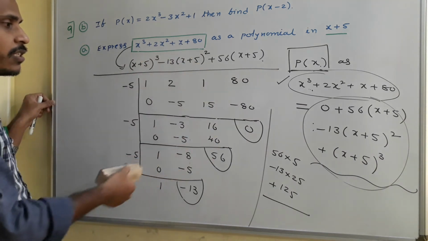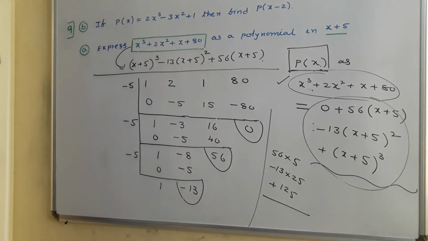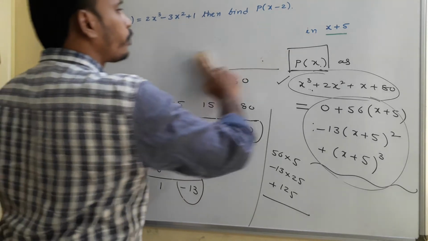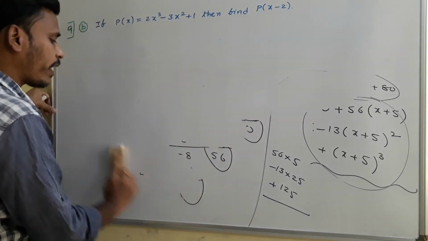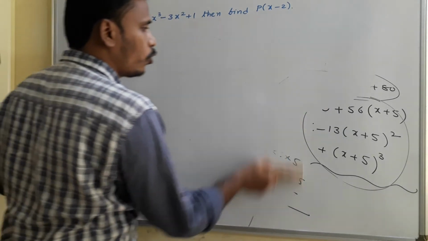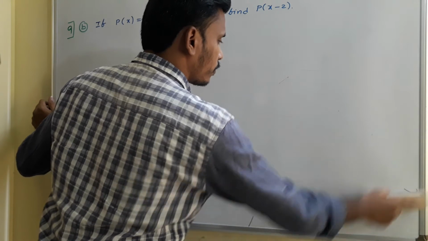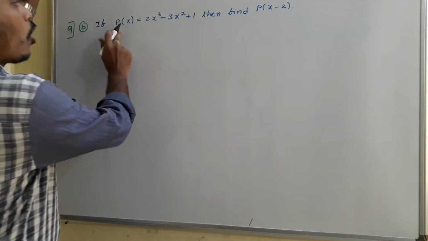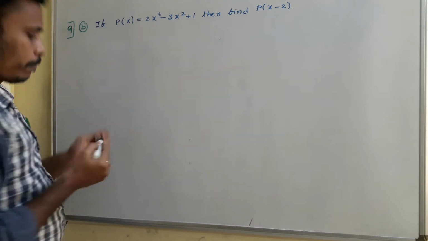Okay, right. So how to find p of x minus 2? I am just erasing this. You just have a screenshot. Now, to find p of x minus 2, what we need to do? So one way is, see, p of x is this particular polynomial.